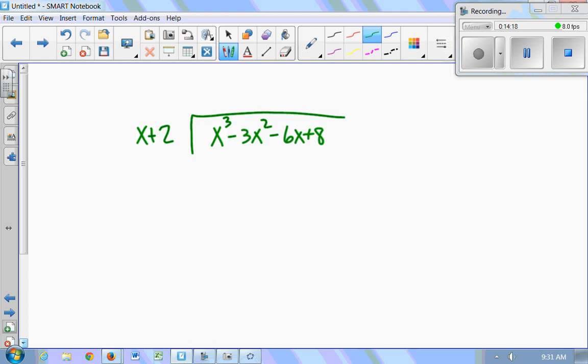Okay, so you say x times what gives you x cubed? Well, that would be x squared. X squared times x is x cubed. X squared times 2 is 2x squared.